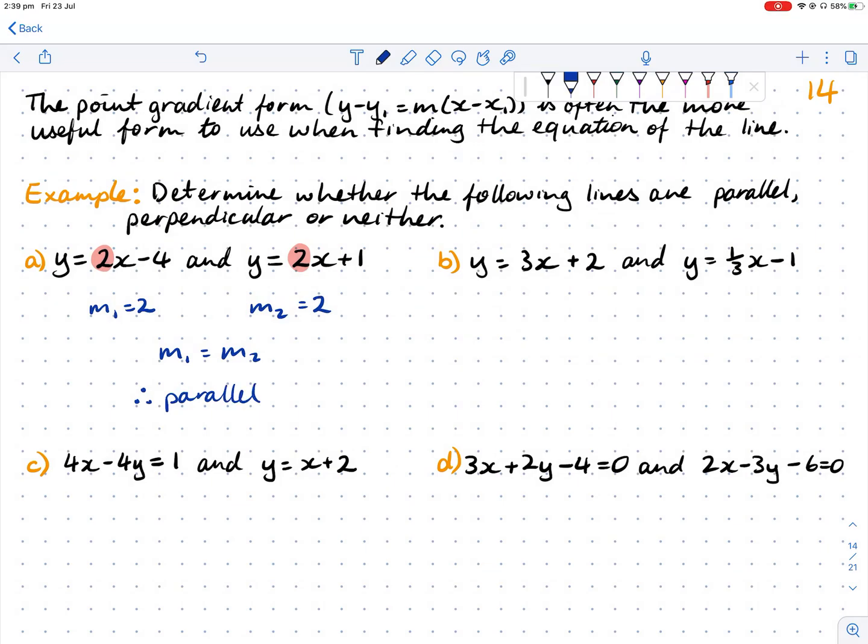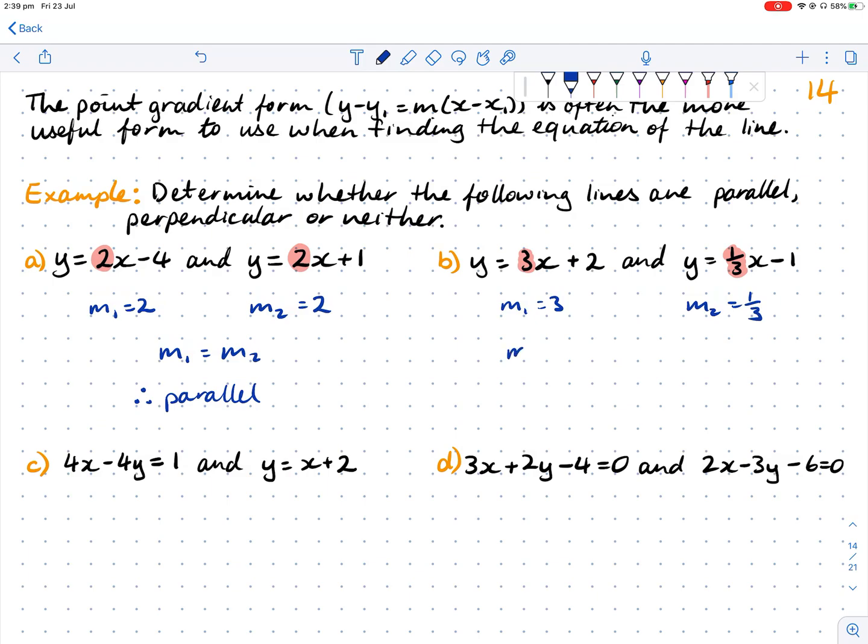If we look at the next example, again, these are already given in gradient intercept form, so we can take the coefficients of x and they're going to be our gradients. So m1 equals 3, m2 equals 1/3. When you look at these, you can see clearly they're not equal to each other, so maybe we can check if they're perpendicular.